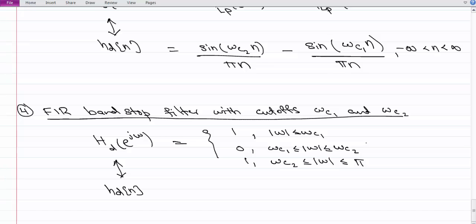So the frequency response of this is actually simply equal to 1 minus a band pass filter with cutoffs omega C1, omega C2, e to the j omega.